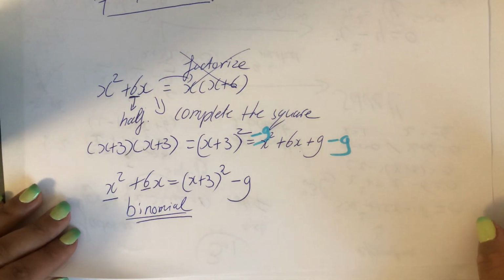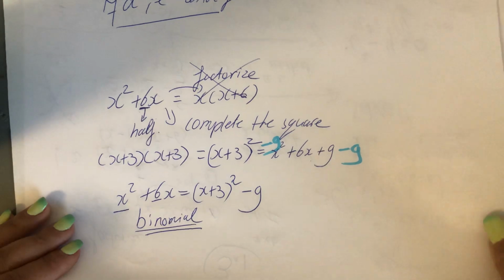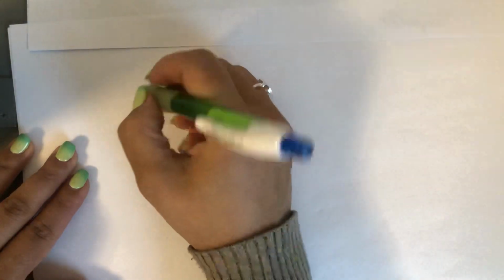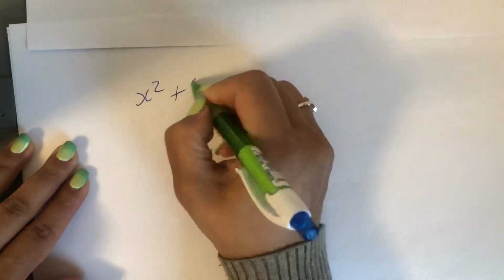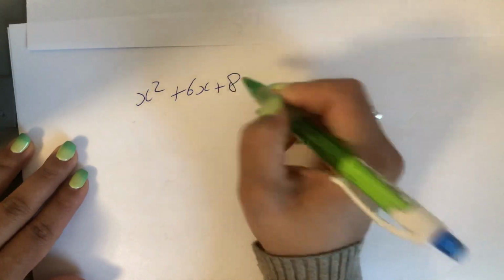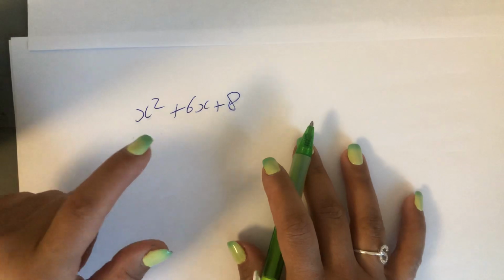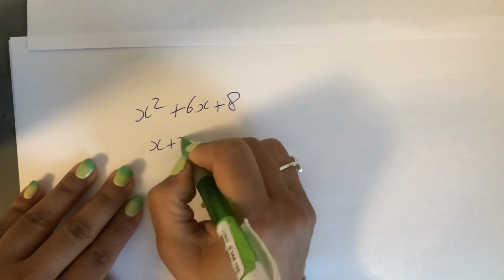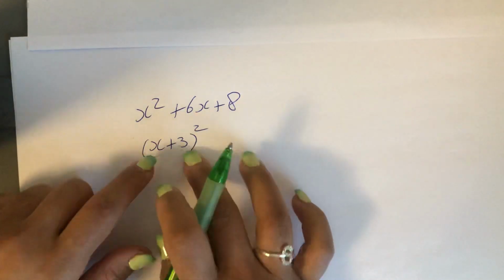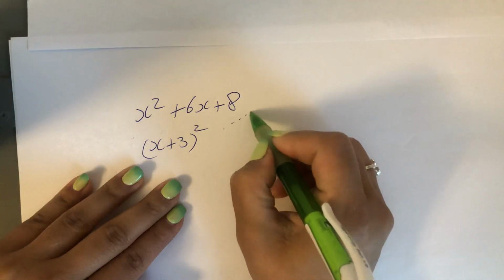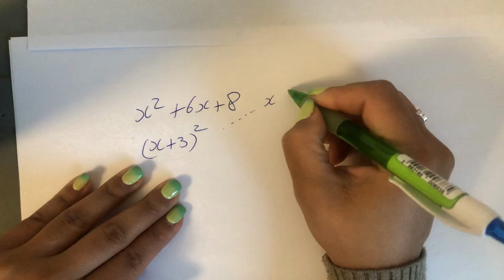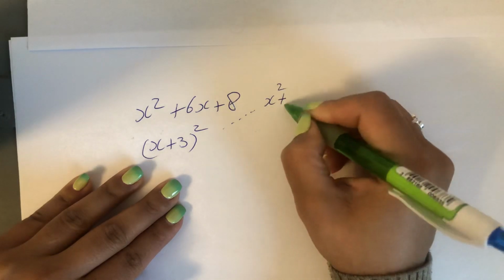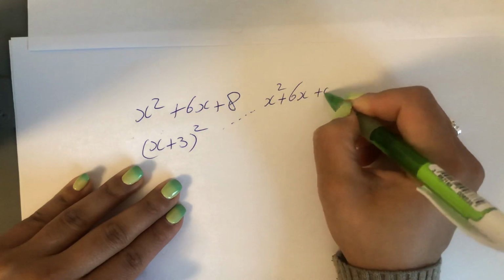Let's try the trinomial now. Let's keep this one close. So let's say I have the following trinomial: x squared plus 6x plus 8. I already know that I have x plus 3 squared, which would give me x squared plus 6x plus the 9.